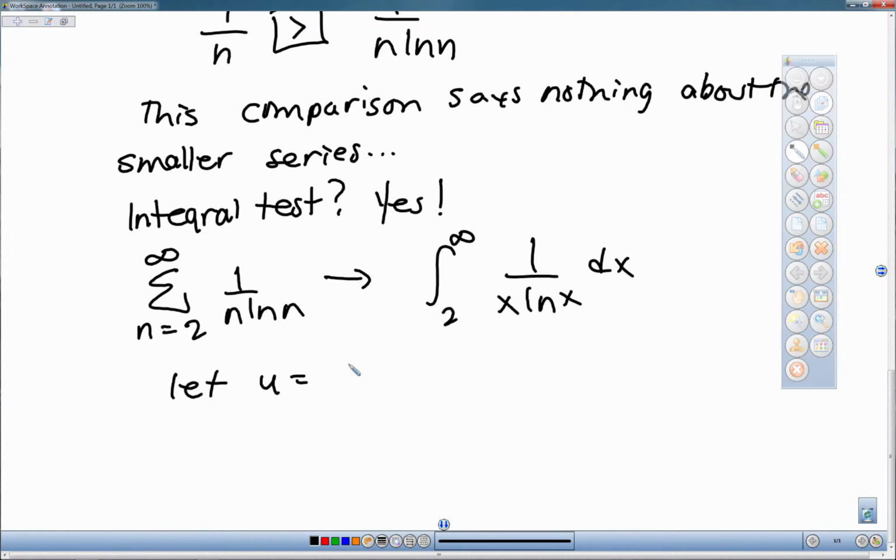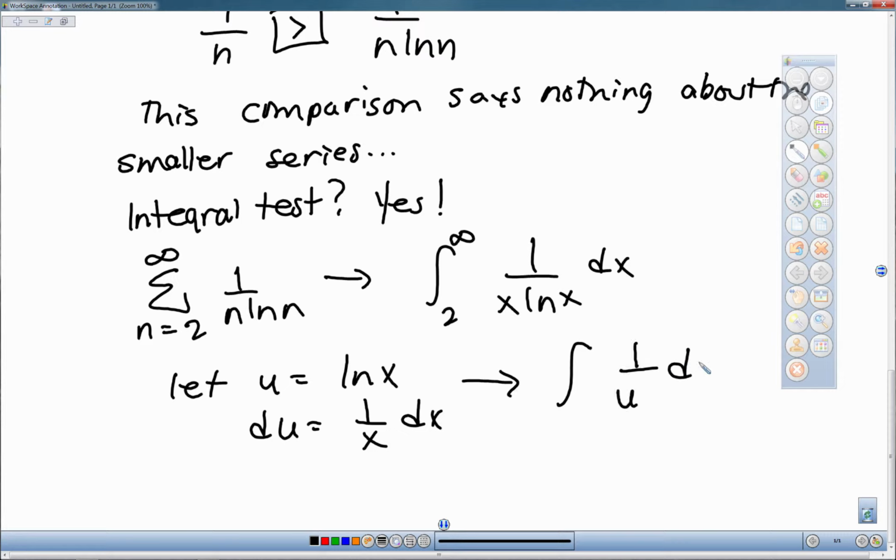Let u equal the natural log of x, then du would equal 1 over x dx. And I'm looking at this integral, and we have the integral of, what is that going to be? 1 over u du. And if I were to do a direct substitution here, u of 2 would be the natural log of 2, and then u of infinity would just be infinity still.